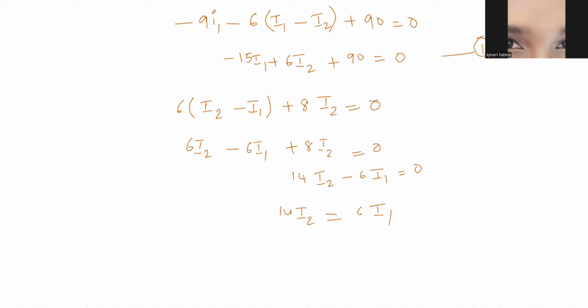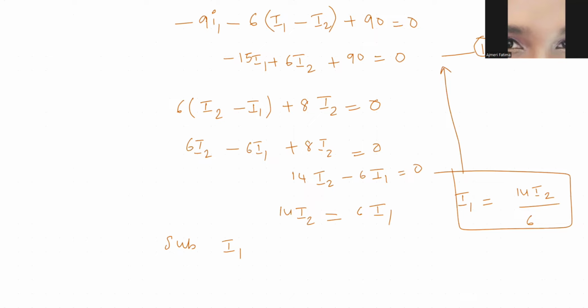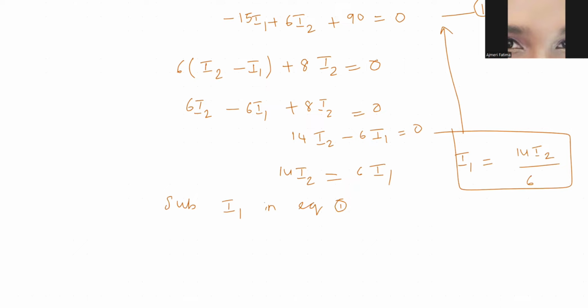Okay. So substitute I1. What is I1 from here? So I1 will be 14 I2 by 6. So substitute this value in your equation 1. What you will get? So you'll get I1 as 2 sevens are 14, 2 threes are 6.